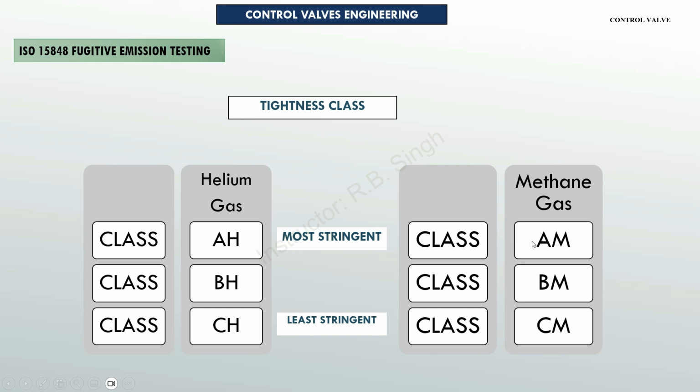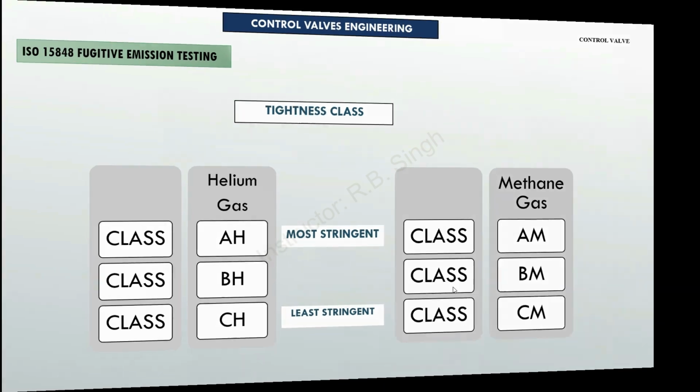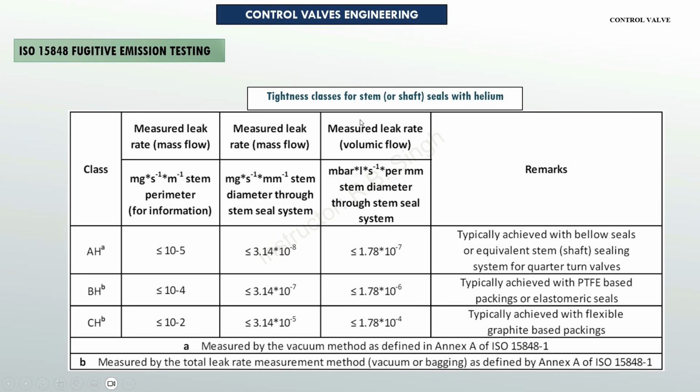And in the same case of methane gas also, AM is the most stringent condition, and CM is the least stringent condition. The tightness class for stem or stem seal with helium is this ABC. You can see the amount of leakage that can pass through the valve stem, or you can say by the packing. So this is very stringent.